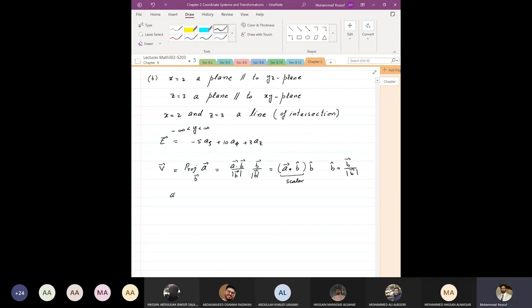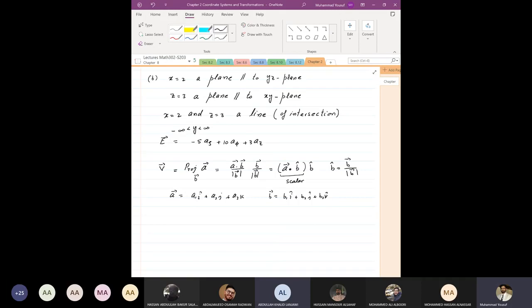And we call this vector A equal to A1 i plus A2 j plus A3 k, and vector B is equal to B1 i plus B2 j plus B3 k. If we call them this, then one component will be only, yes?